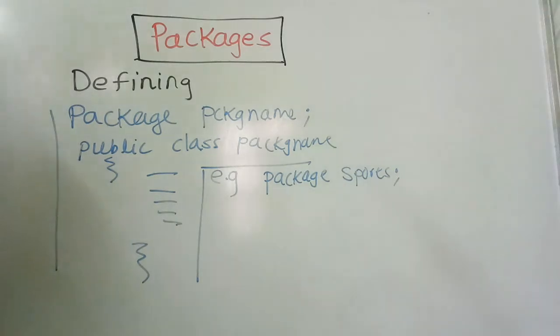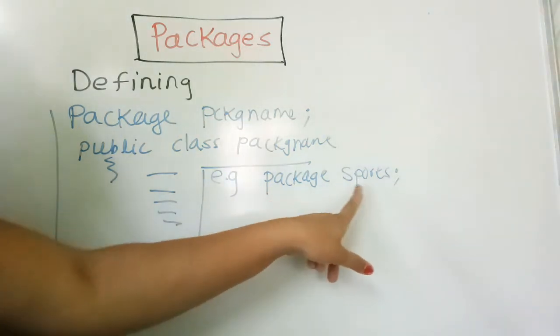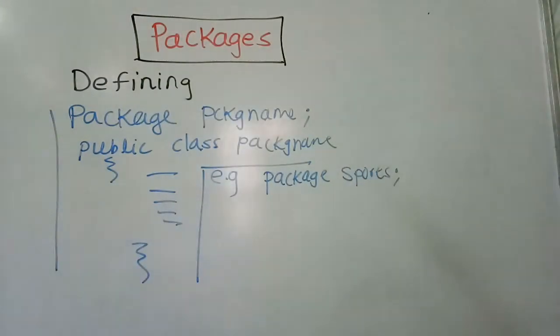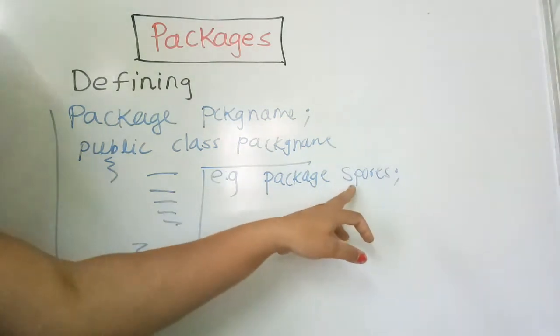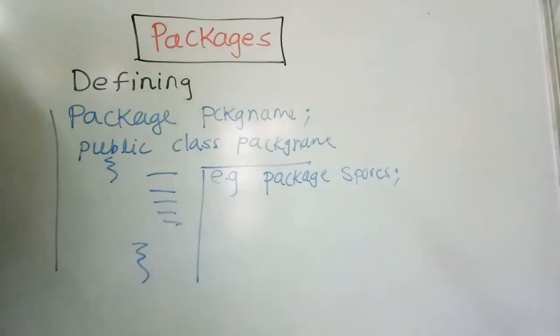To define the name of the package, keep in mind that the package name is case sensitive. If you use sports in all small letters and another time in capital letters, it would not be allowed, because uppercase and lowercase letters are treated as different.